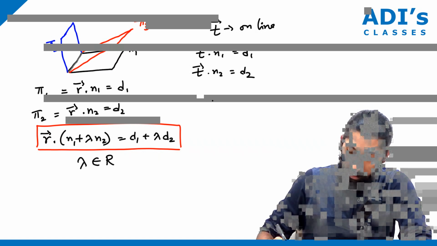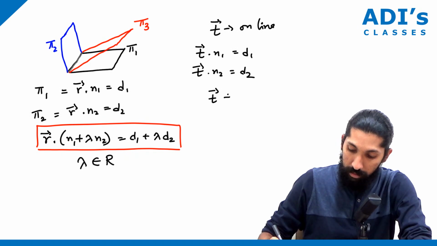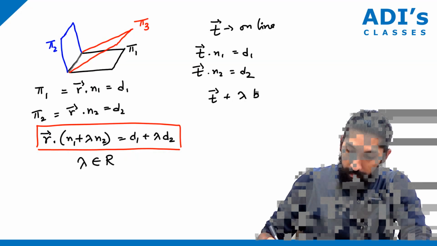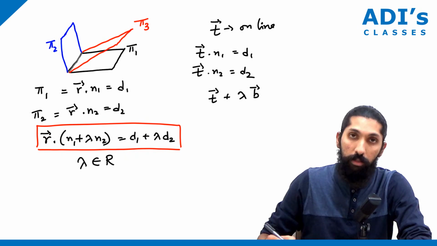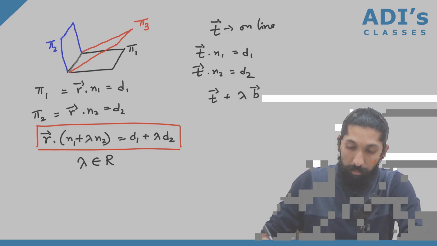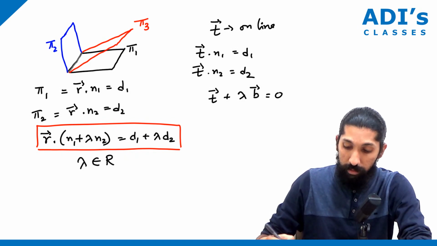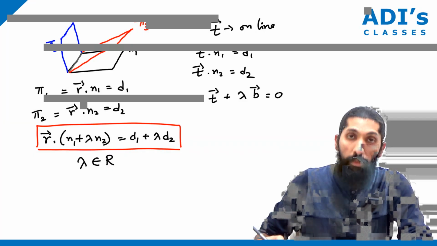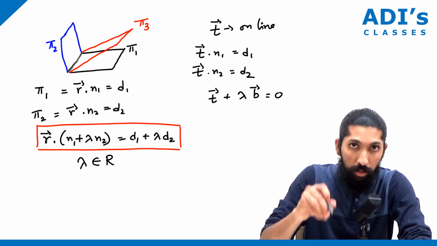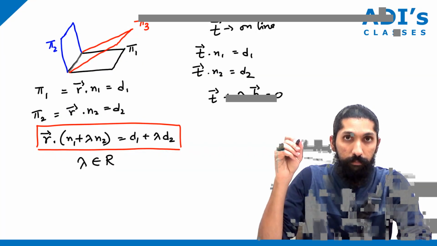You'll get T plus lambda into B is equal to 0. Of course, A plus lambda B is equal to 0 or T plus lambda into B is equal to 0. Now this is going to give us the equation of the line, which is the intersection of the two planes. Correct?